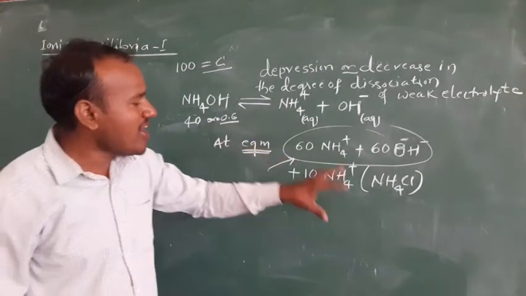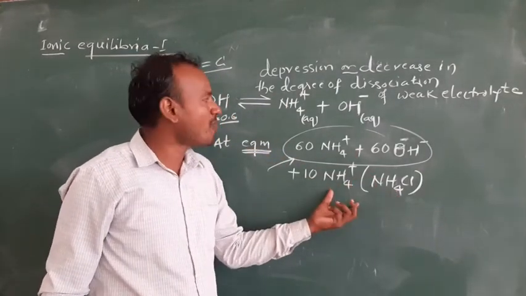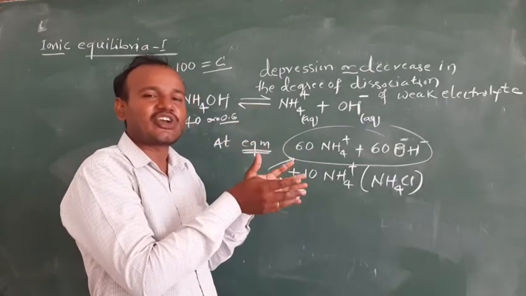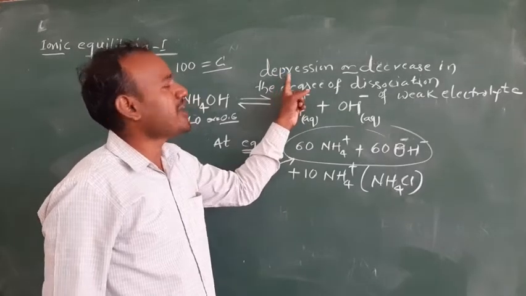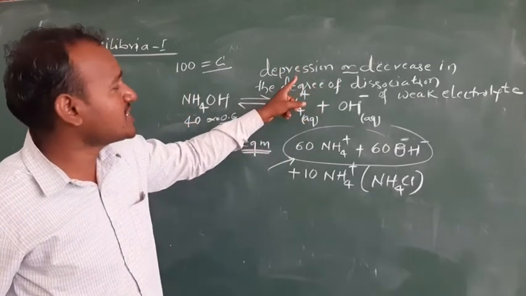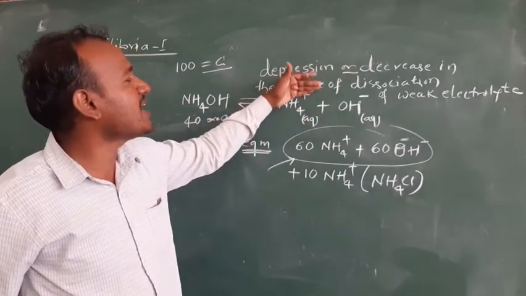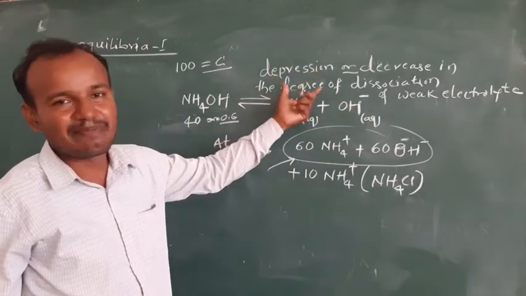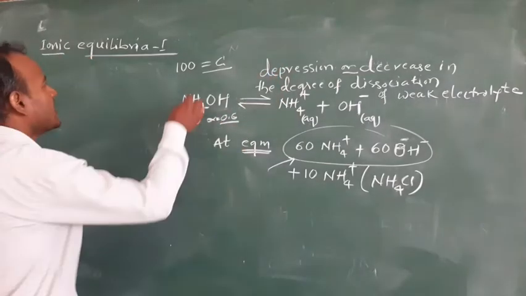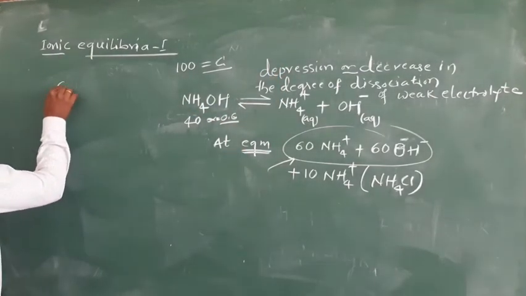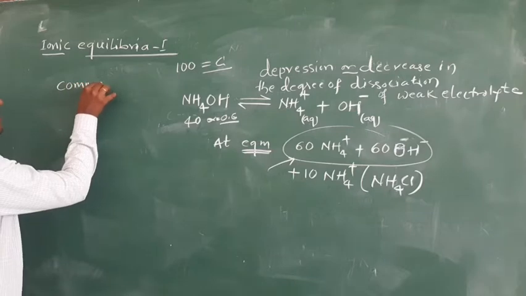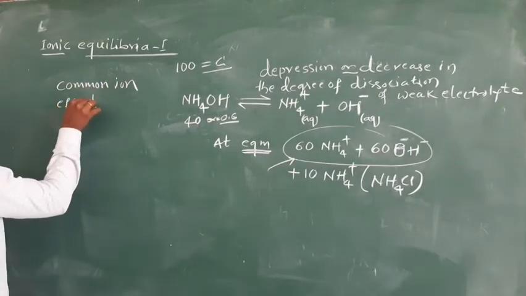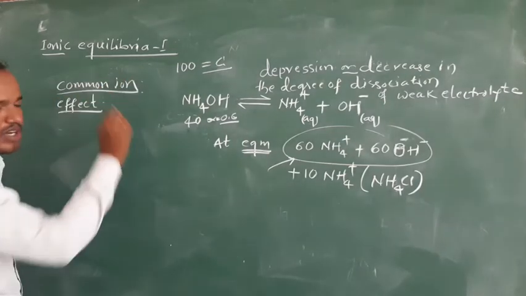So when you add a strong electrolyte containing a common ion to the given weak electrolyte, the degree of dissociation or ionization of the weak electrolyte is decreased or depressed, and this is what we call the common ion effect.